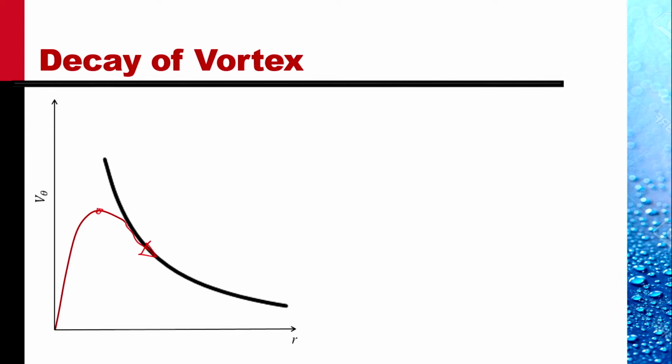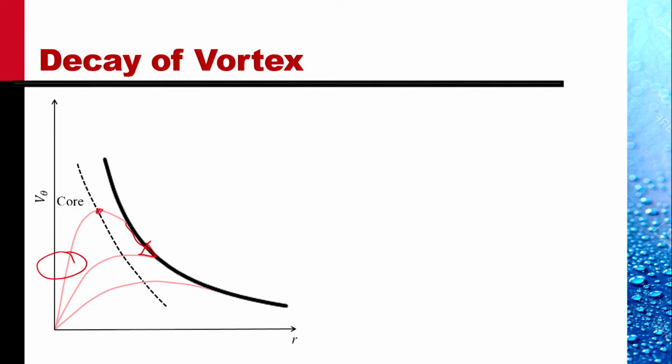The viscous action in this core results in dissipation of energy, and with time the velocity profile changes. The location of the maximum velocity marks the edge of what we can consider as a core.